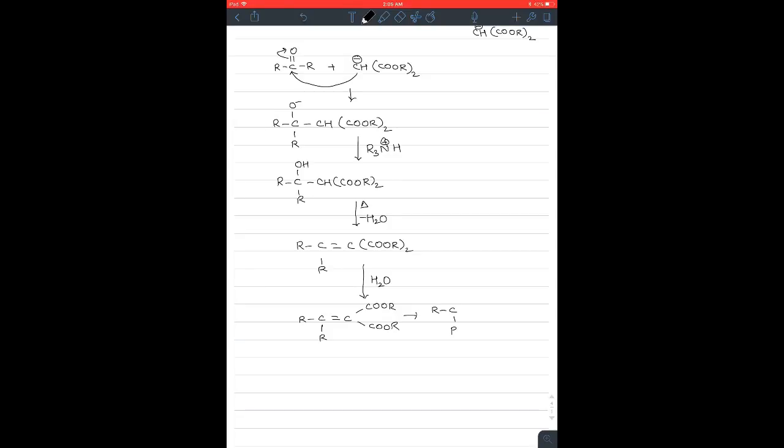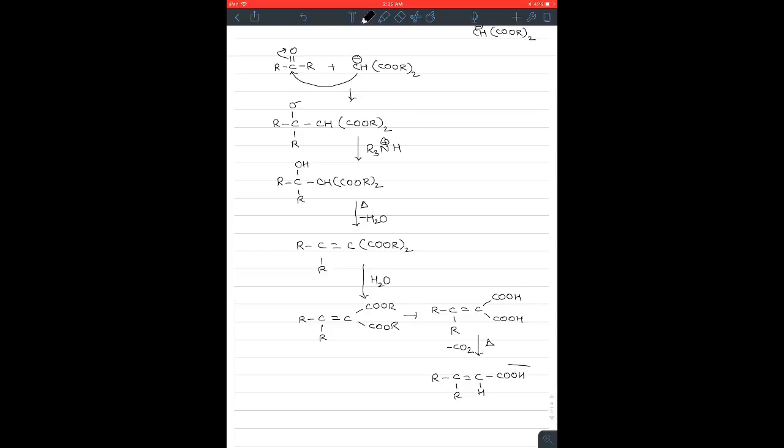So the compound which will be formed will be RCR double bond C with COOH and COOH. And this also we know that if two COOH are present on the same carbon, there will be loss of CO2 molecule. It will form RCR double bond C and COOH on one carbon and H on the other carbon.